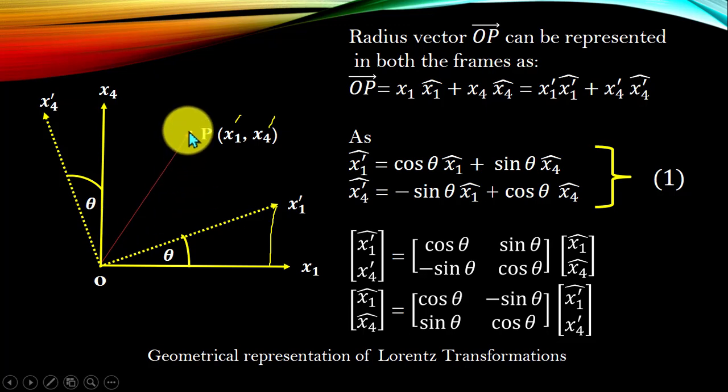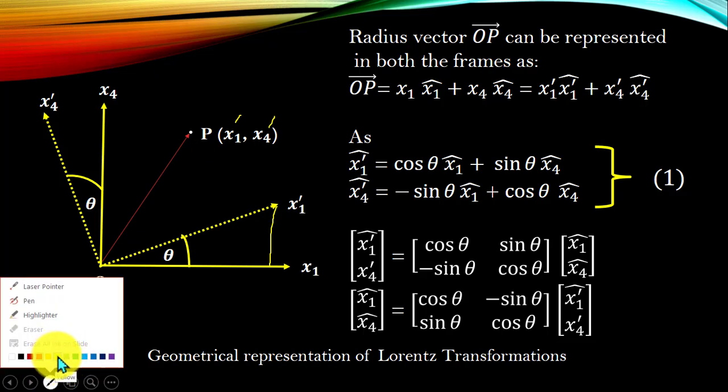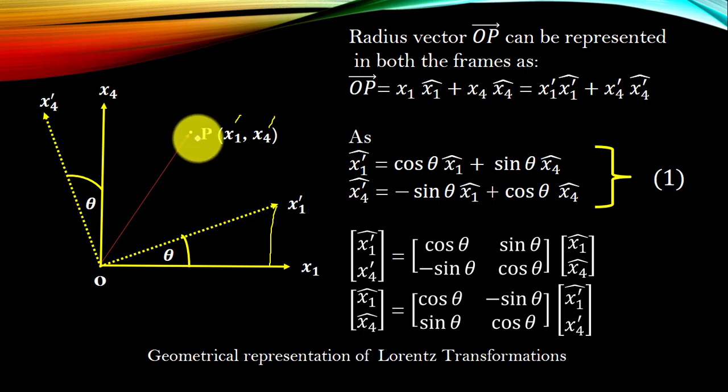So then the component along x1 prime cap of this vector will be, I need to draw a perpendicular here. So this magnitude from O to this line is representing x1 prime, the magnitude of this vector OP along the x1 prime cap direction.